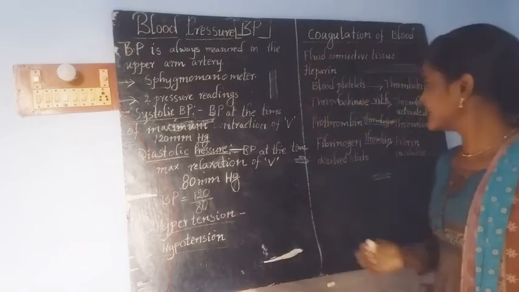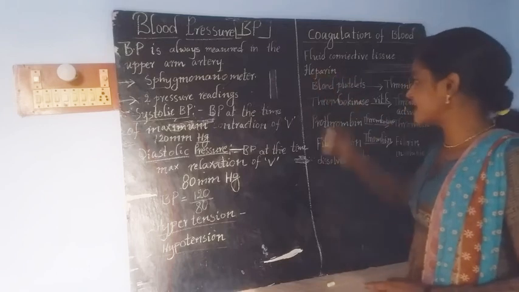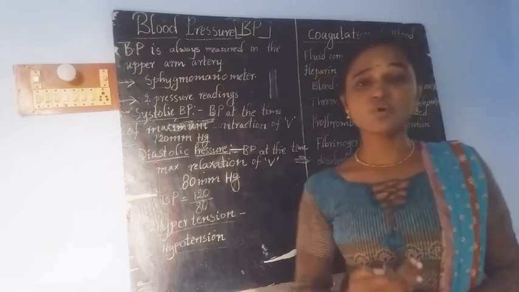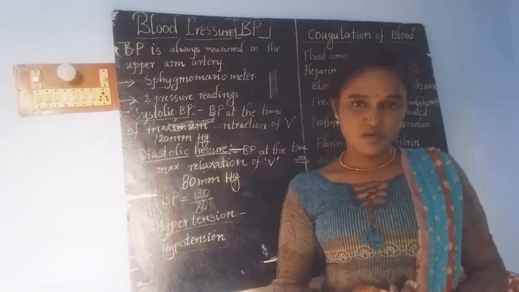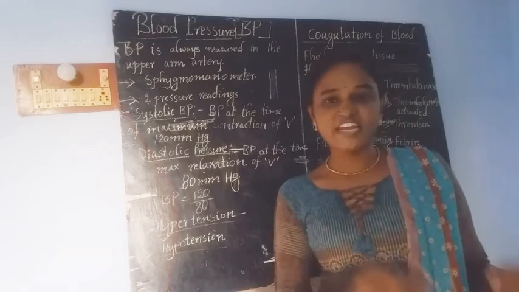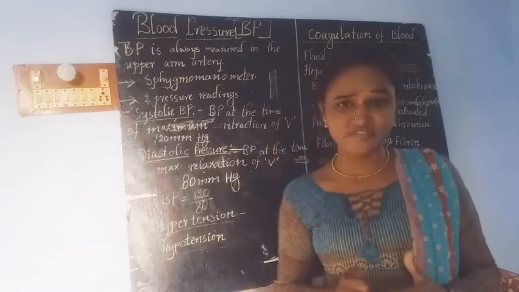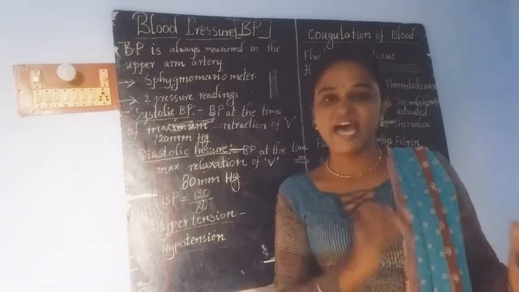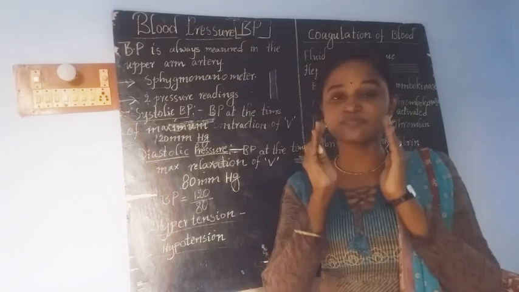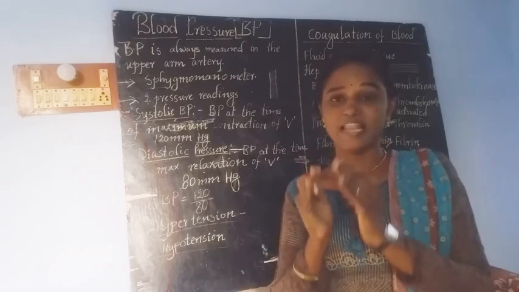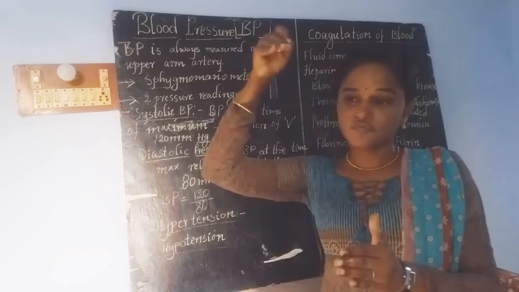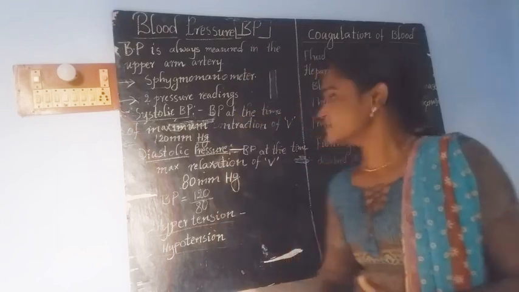Because blood contains a protein called heparin. Heparin prevents the coagulation of the blood. Which protein prevents coagulation while the blood is moving inside the blood vessel? That is heparin.